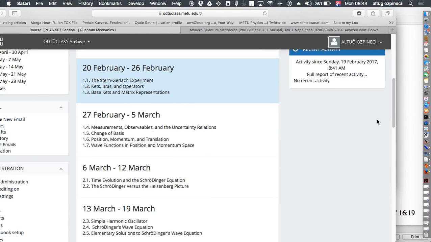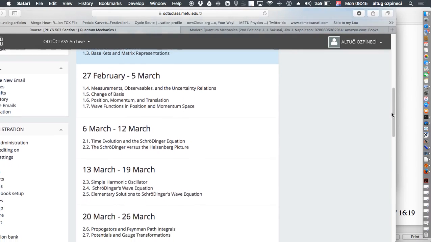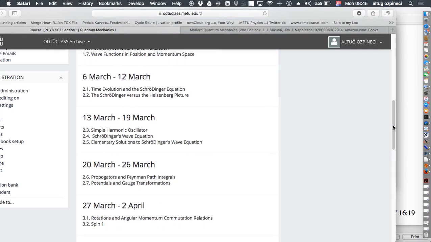We start this week with the fundamental basic concepts: what is the Hilbert space, what are operators, what are states, what are the bras and kets that we are using. Then we will be discussing the Schrödinger equation, Schrödinger picture, Heisenberg picture, and some simple systems like the wave equation and the harmonic oscillator.